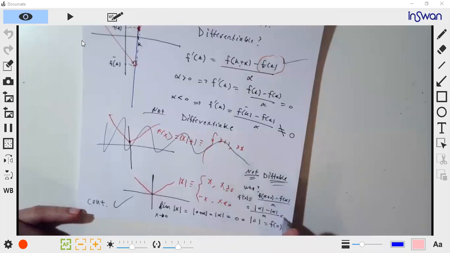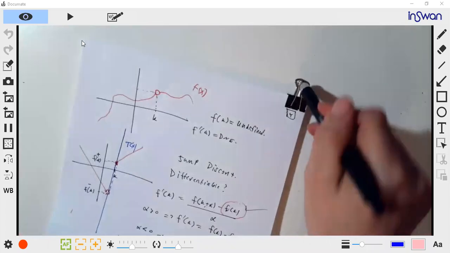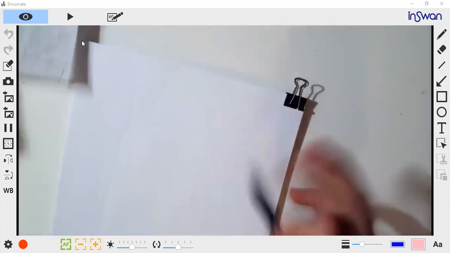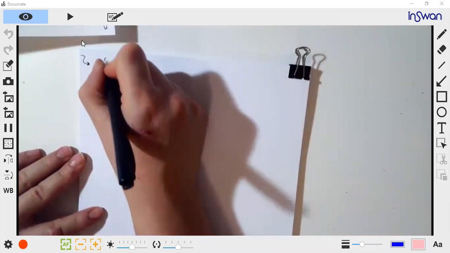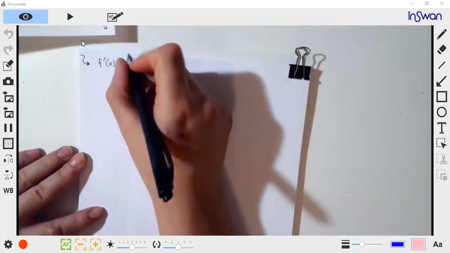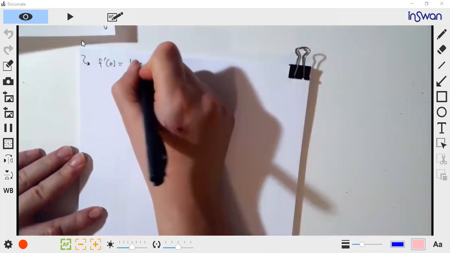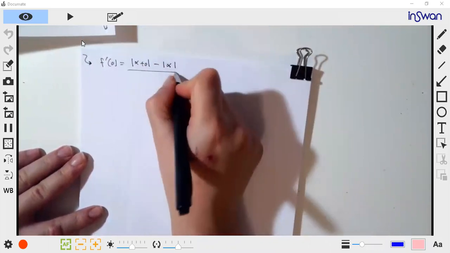Let's bring this calculation to another page. So f prime of 0 is the derivative of absolute value at 0. That's the same thing as absolute value of alpha plus 0 minus absolute value of 0 all over alpha.